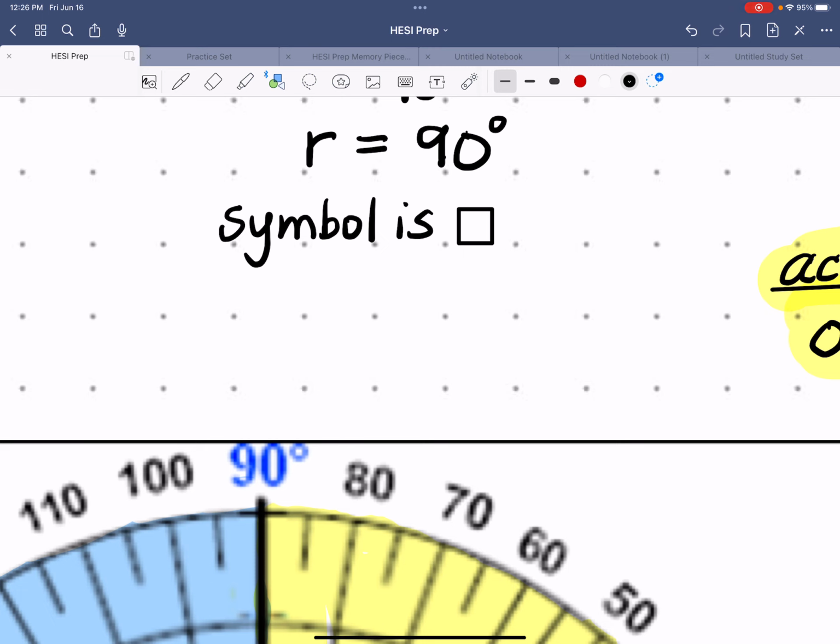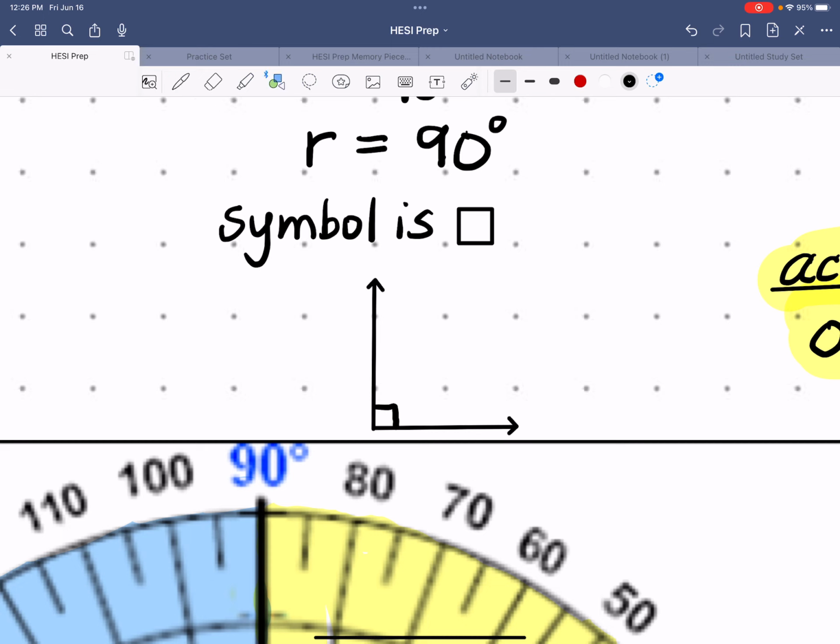So for example, if you draw a ray that's perfectly vertical and a ray that's perfectly horizontal, which those are not, try again. That's where this dot grid paper comes in very handy. There's the horizontal. That is a 90-degree angle. It has to be precisely 90 degrees to warrant having that symbol.